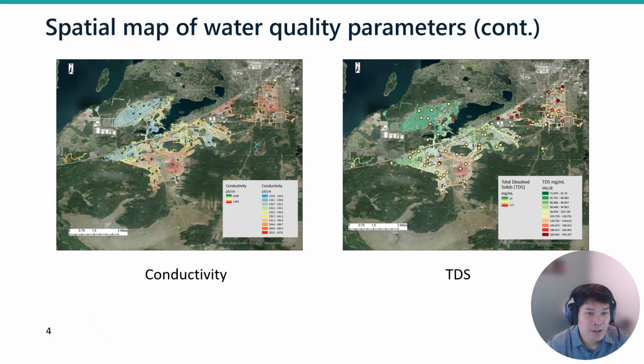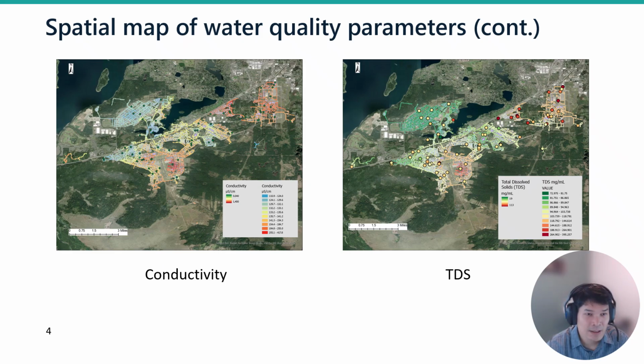In this slide, we can see the interpolation of both conductivity and total dissolved solids, TDS. We can see that both spatial maps reflect the same pattern for these 2 parameters: areas that have high TDS will have high conductivity.